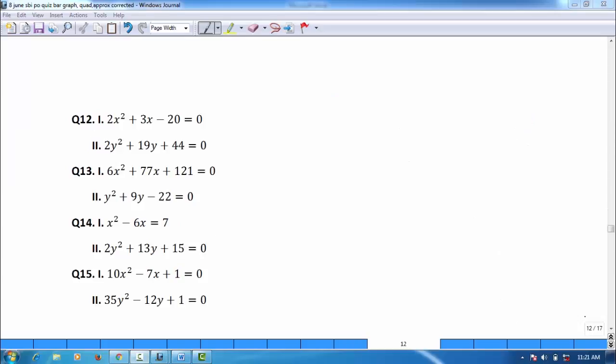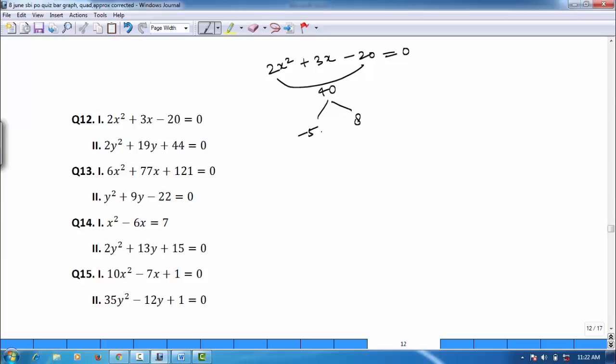Question number 12. The first equation is 2x square plus 3x minus 20 is equal to 0. So on multiplying 2 with 20, we will get 40. And on dividing it further, we will get minus 5 and 8. Because on multiplying minus 5 and 8, we get minus 40, and on adding them both, we get plus 3.